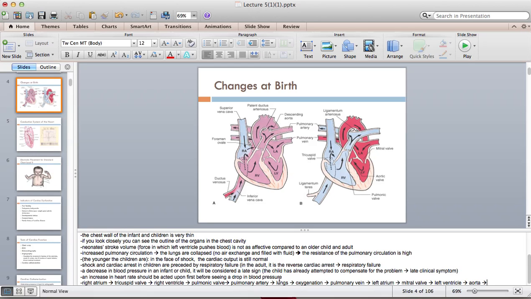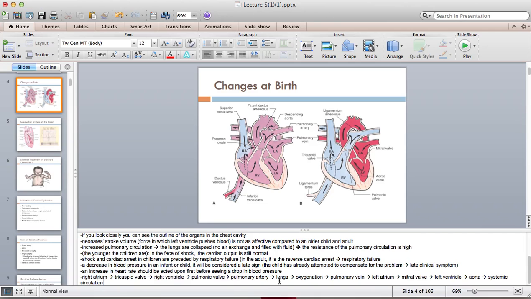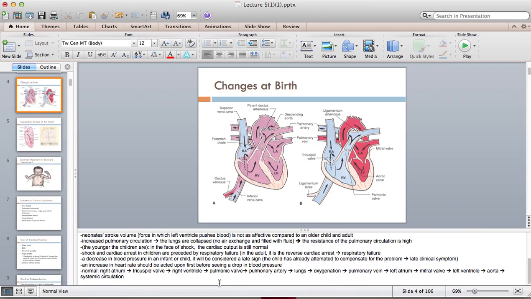Okay. But while the child is in the uterus, it's different. The child is connected to the mom through the umbilical cord and the placenta. And from your OB, what did you learn?